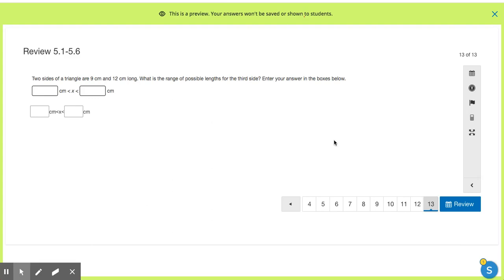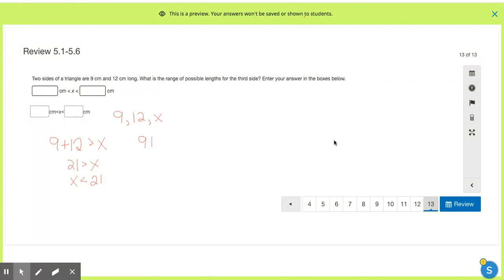And then 13 says two sides of a triangle are 9 centimeters and 12. What is the range of possible lengths for the third side? So we have 9, 12, and then some unknown third side. So we can say 9 plus 12 has to be greater than x. So 21, so x has to be below 21.